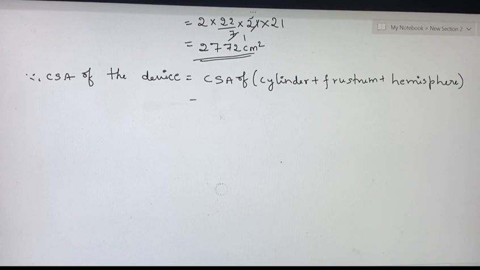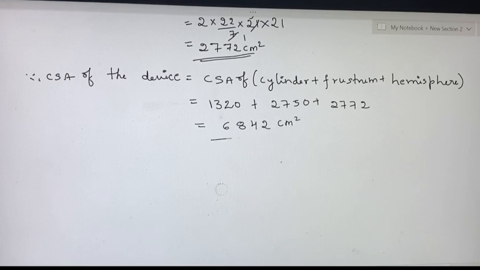Now what is the CSA of the cylinder? 1320, plus the CSA of the frustum, 2750, plus the CSA of the hemisphere, 2772. So if we add these three, we get 6842 centimeter square. So we have got the CSA of the device.